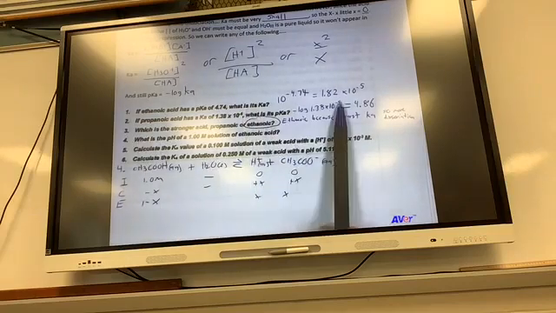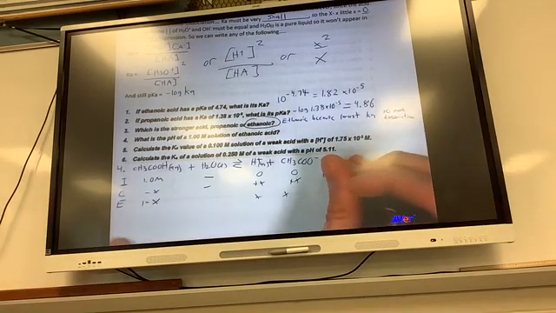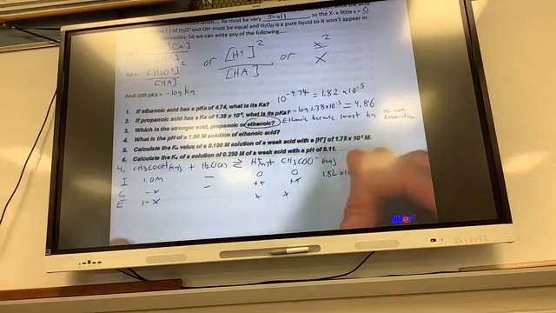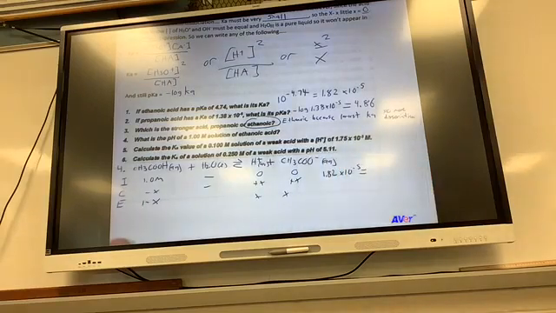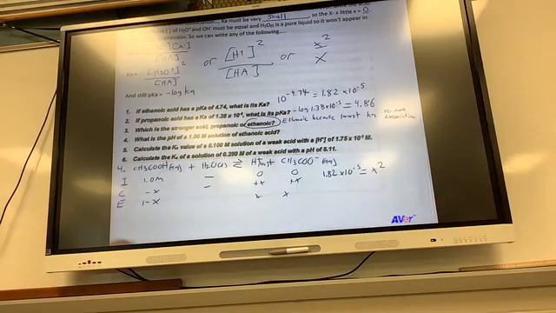The Ka was up here, right? So it's going to be 1.82 times 10 to the negative fifth equals X squared over 1 minus X. But the K is small, so it's literally just X squared over 1. So it's just X squared. So it's like last chapter.